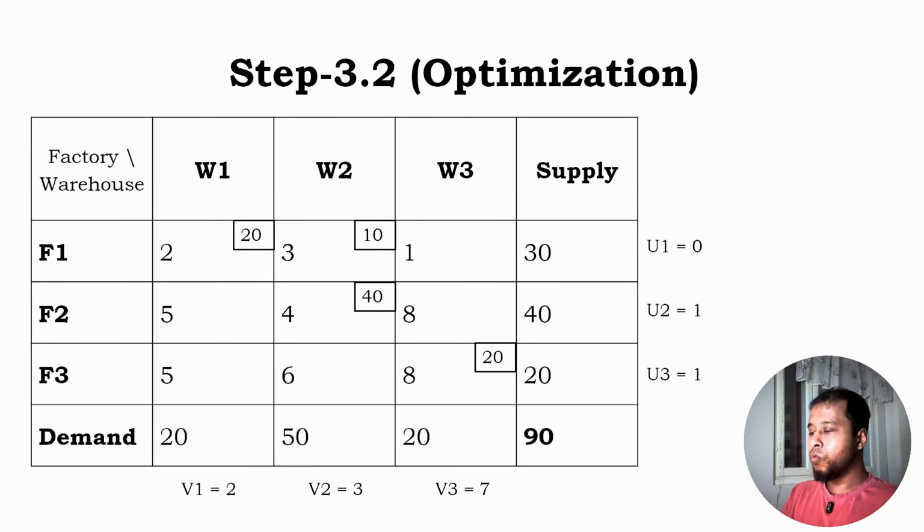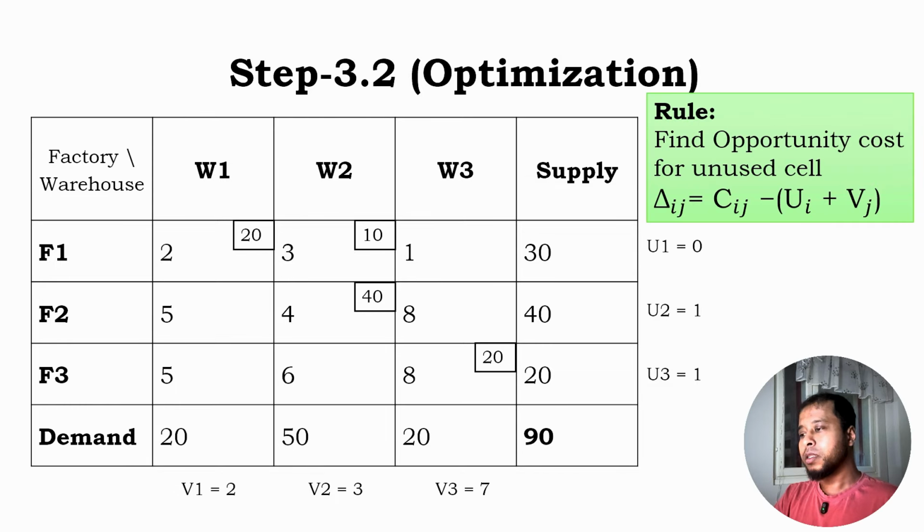Then we will find the opportunity cost. Our goal is to find the cell which has the maximum negative value of the opportunity cost, which is C minus (U plus V). The opportunity cost applies to the cells where we do not allocate any quantity.